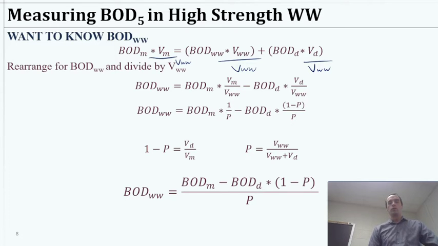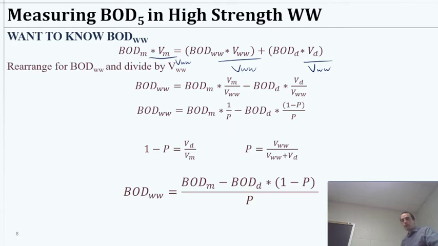So we're just going to believe them that volume of dilution divided by volume of the wastewater is equal to 1 minus P divided by P. If you wanted to, we could sort that out and prove it algebraically.